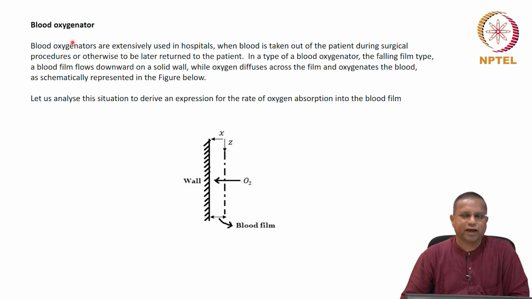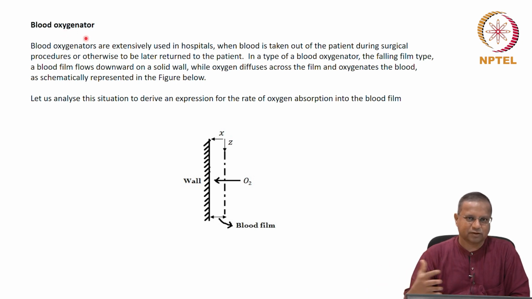When people go through that, one of the things that can be done is to oxygenate the blood after making sure that it has enough appropriate hemoglobin and so on and so forth.